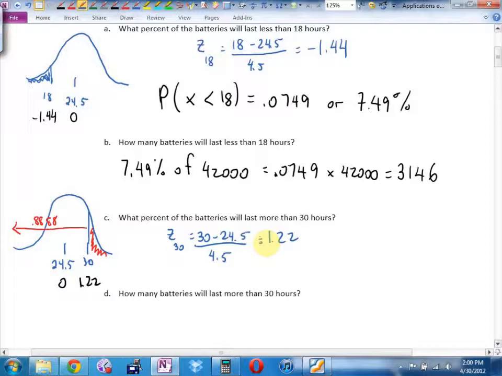Nikki, you can write: the probability that the battery lasts more than 30 hours is, the probability that my X was bigger than 30 is, 1 minus 0.8888. Write that down so that you remember we went 1 minus.